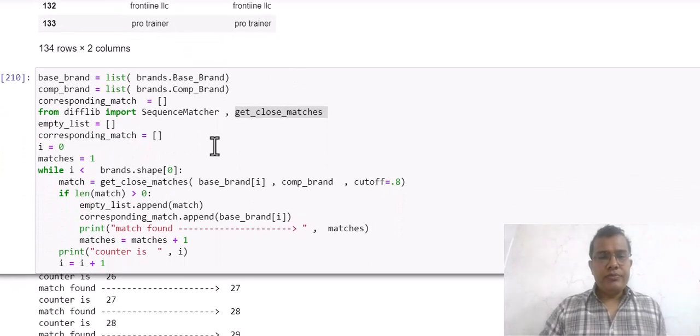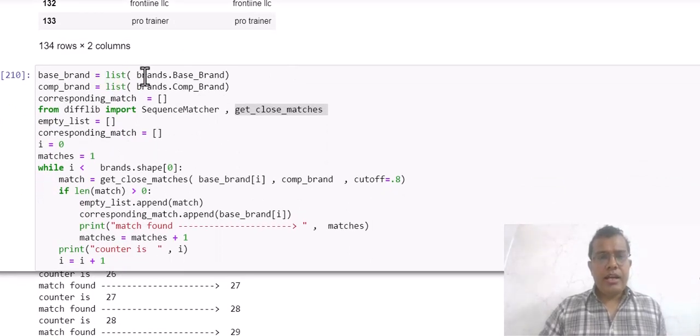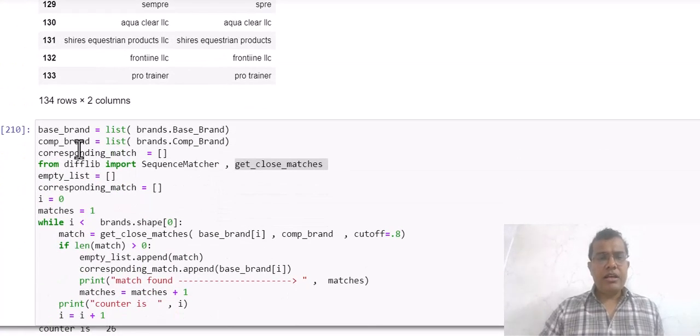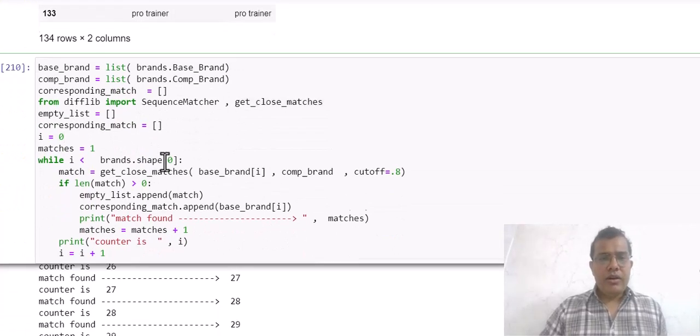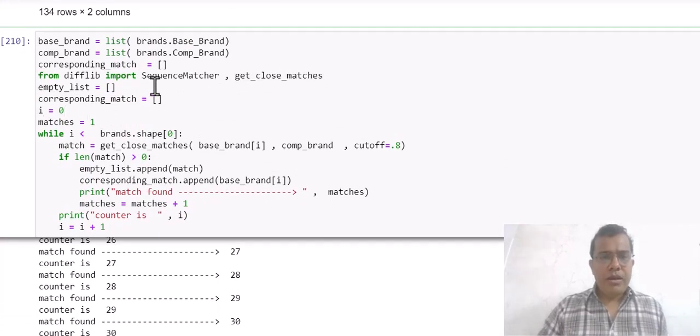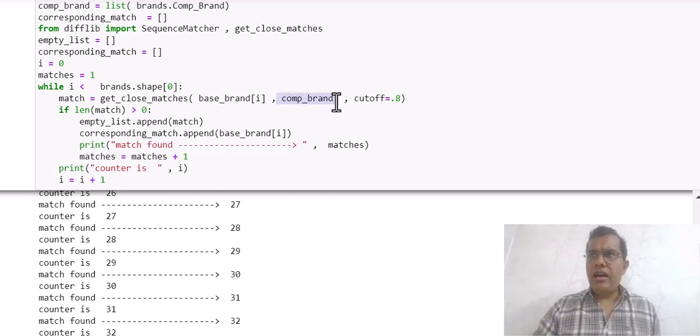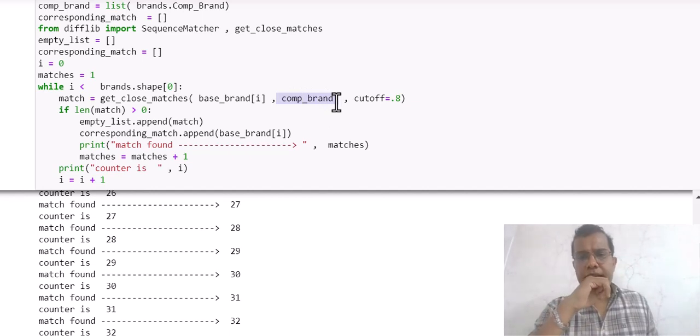Now I am creating a list of base brand. Brands is the name of my data frame and base brand is the name of my column, and I do the same thing with comp brand. Then I use get close matches, and this is how I'm doing it. I take one record from base brand and compare it with my entire list of competitor's brand.